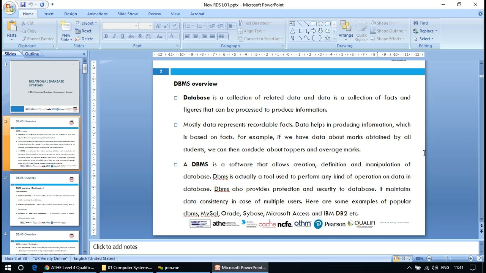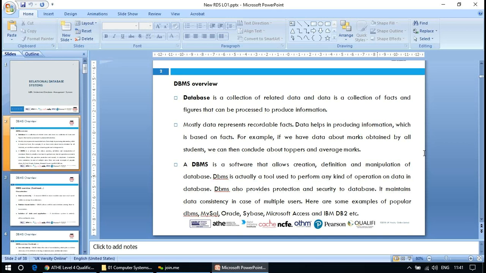If you stored lots of data in a word processor like Microsoft Word, you still have the data, but you would not have a tool to manipulate it. That's why the database management system is there.